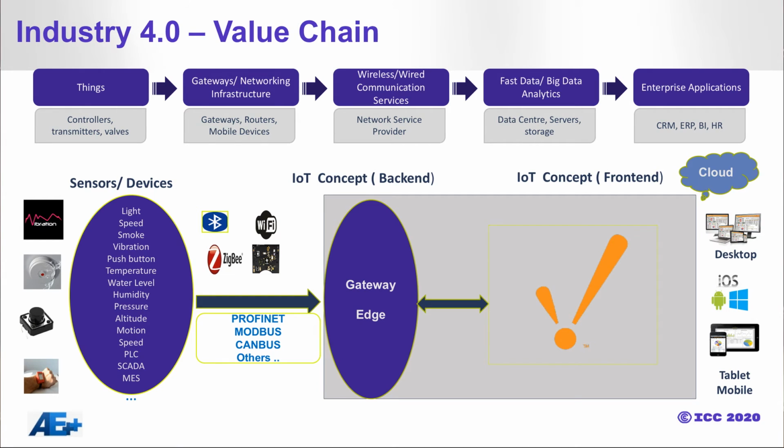For an Industry 4.0 value chain, you start with the things, as we call it. Essentially they are controllers, transmitters, could be drives, could be PLCs. They give out meaningful information.